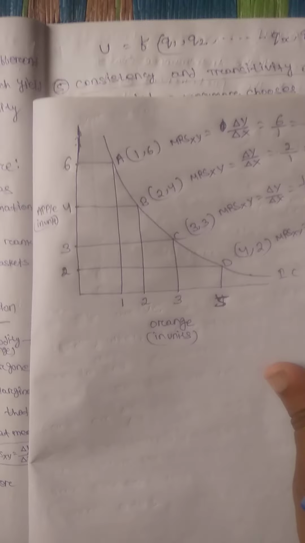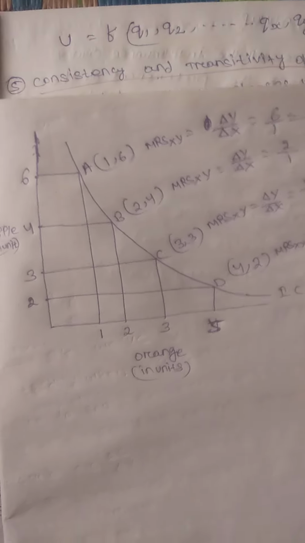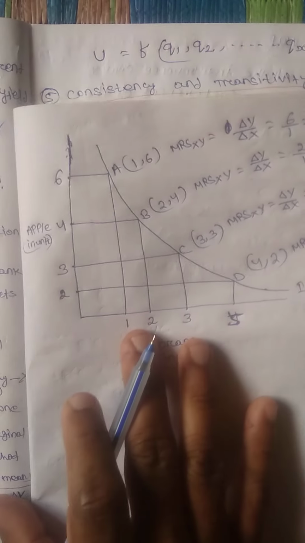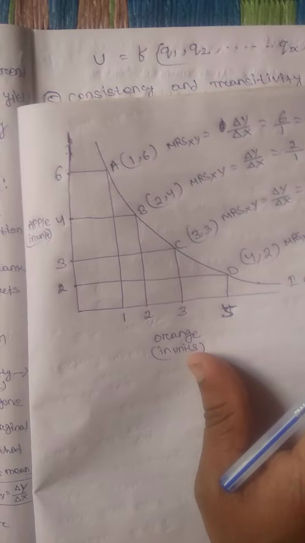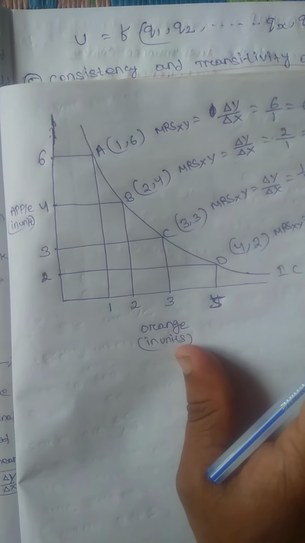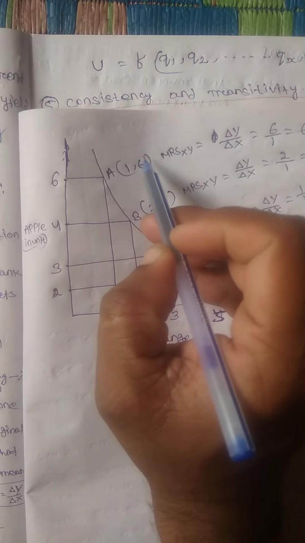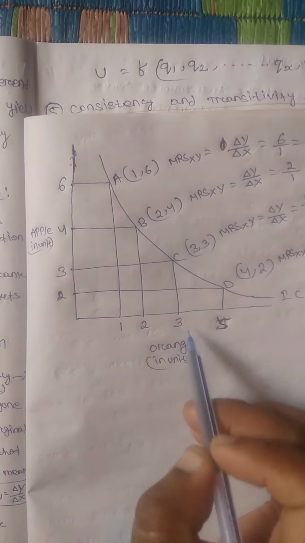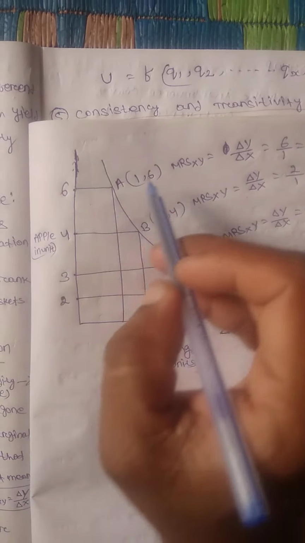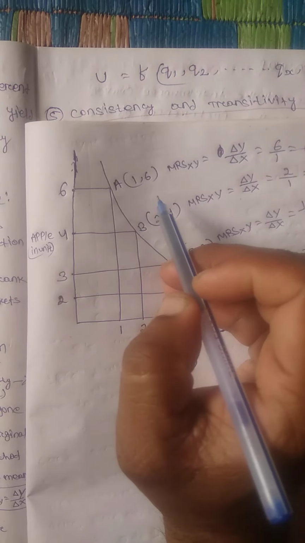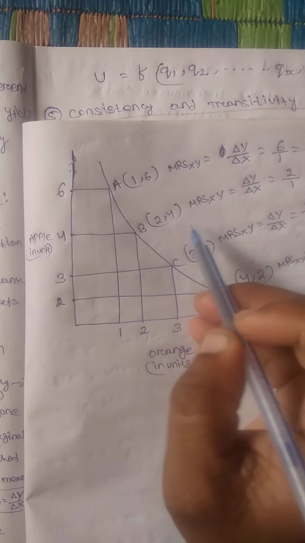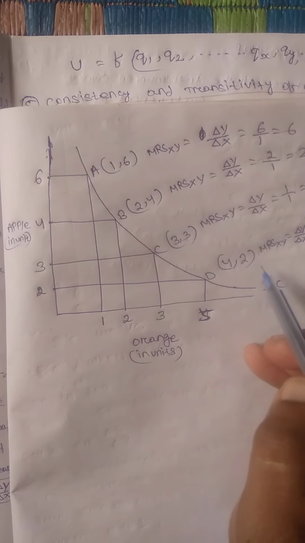So here we have drawn a diagram to explain the definition of indifference curve. Here the consumer is consuming different combinations of two goods, orange and apple. Here the different combinations are 1, 6, 2, 4, 3, 3, 4, 2.